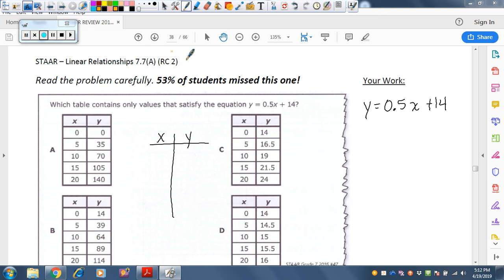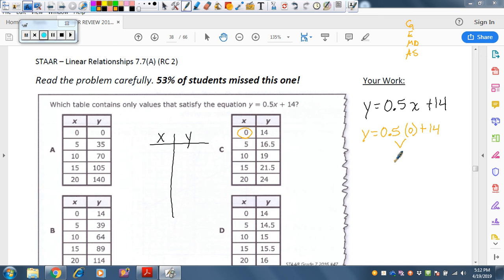So let's substitute in y equals 0.5, and this time instead of x we're going to use 0 because that's the first, right? Plus 14. GEMDAS says we do grouping, exponents, and then we multiply and divide first.